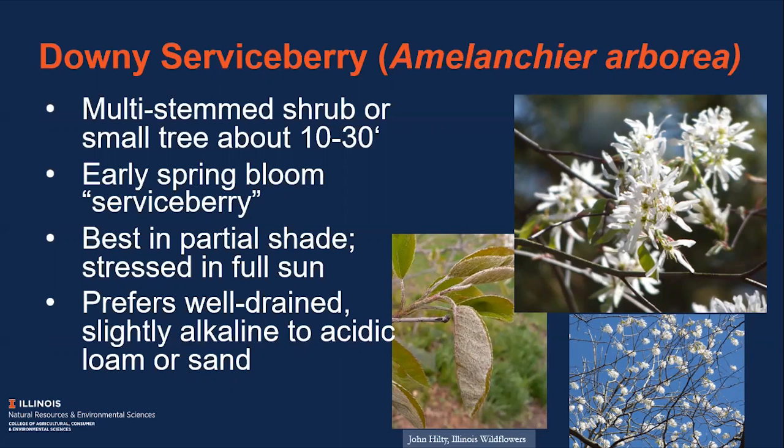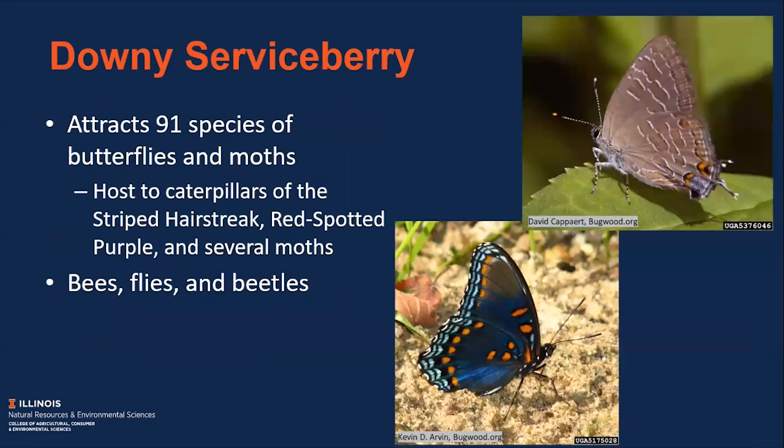It is best in partial shade and can be stressed in full sun, so you want to avoid that. It prefers well drained, slightly alkaline to acidic loam or sand. Really nice bloom, just great little flowers, attracts a lot of things here. It is host to 91 species of butterflies and moths, so pretty significant.